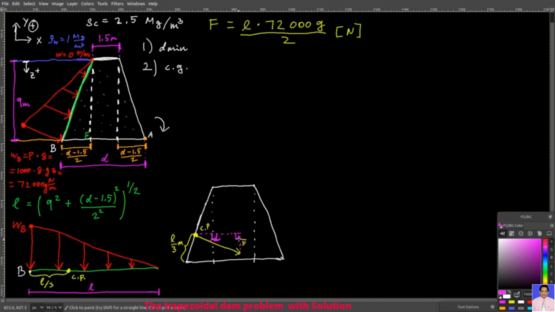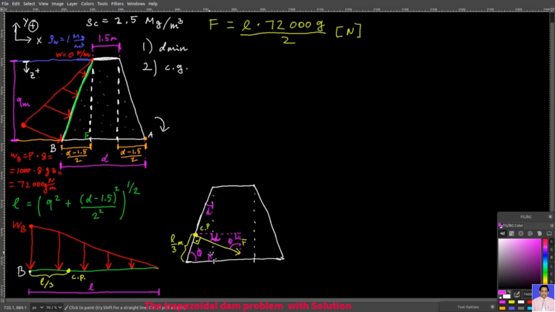So you have 90 degrees here, and you also have 90 degrees here. If I say that this angle is phi, then due to geometry, because this force is perpendicular to the dam's wall, also this angle here is phi, which means that this angle alpha here is also this angle alpha here.